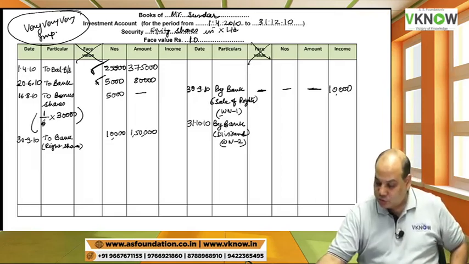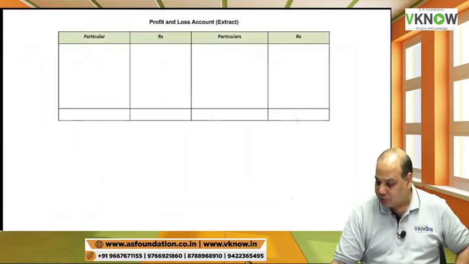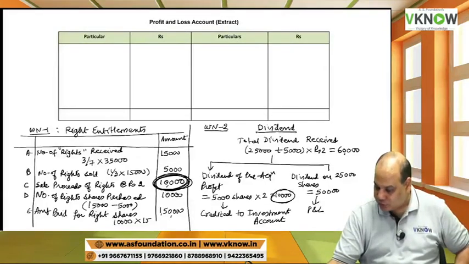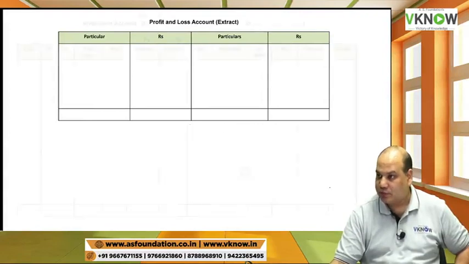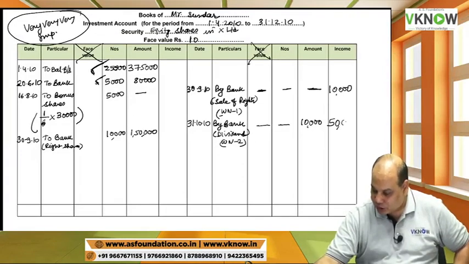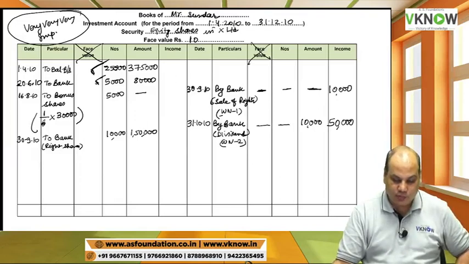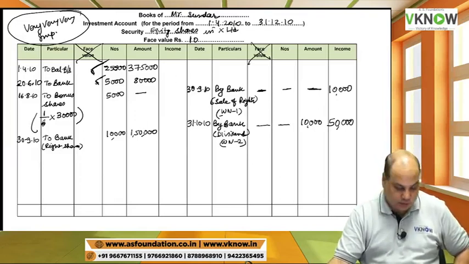In working note 2, you will find dividend out of pre-acquisition profit on the screen below 10,000 and post-acquisition is 50,000. Correct? So what I'll do, 10,000 in the investment column and 50,000 in the income column.